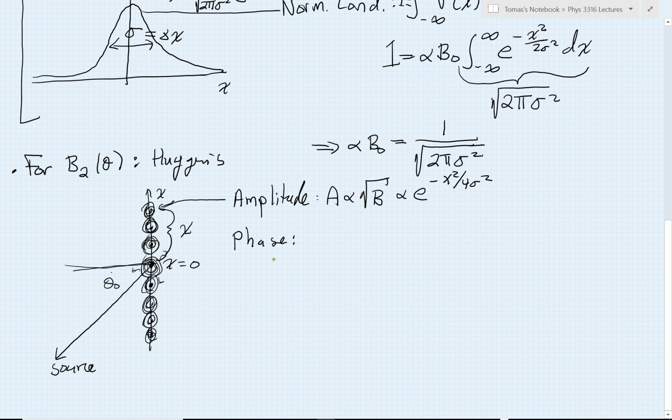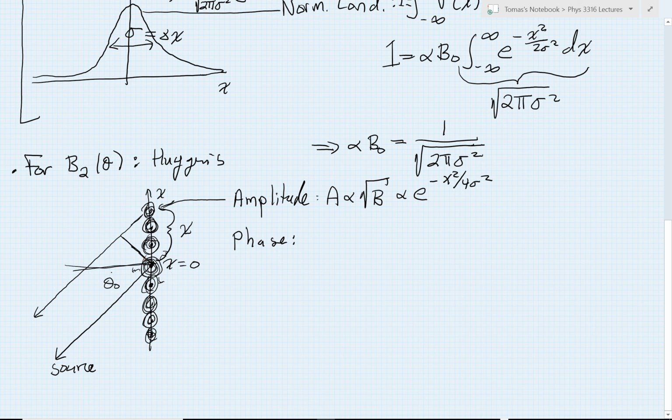And the phase is a little bit more tricky. The reason it is more tricky is that if we consider, for instance, our point up here at x, the waves that came from the source had traveled along this line, and you will notice it's a slightly longer distance to the source. To determine that difference, you know the standard procedure for these wave slit interference calculations.